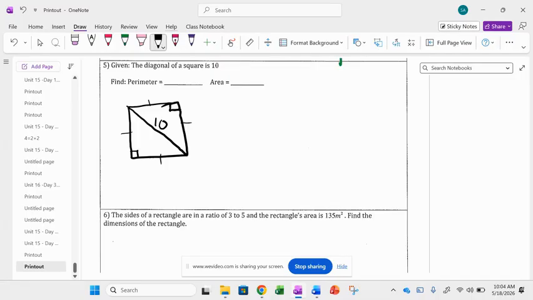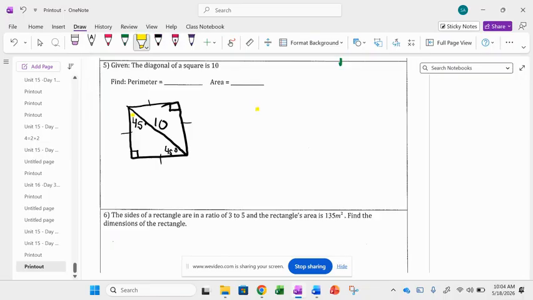There's one more thing we need to remember about the square, that the diagonals bisect the right angle. So if I'm bisecting 90 degrees, what does it turn into? 45s. Why is this important to know?